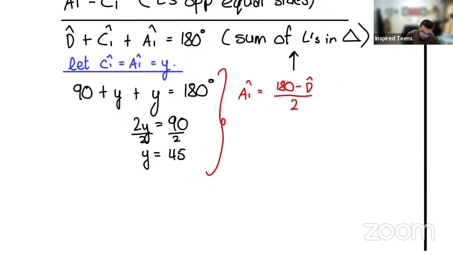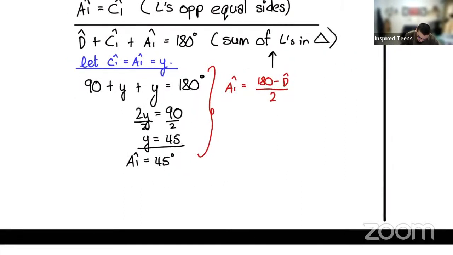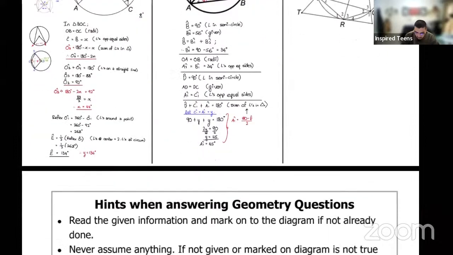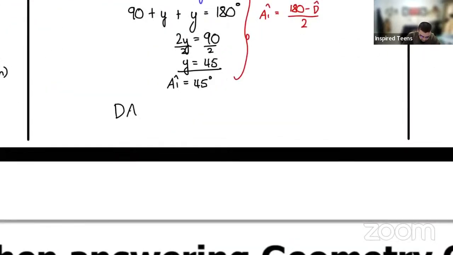Okay, so we've proven that y is equal to 45, and y is A1 because we said let A1 equal y, so you can conclude A1 is equal to 45. And then what was the angle they wanted us to solve for? Angle DAB is equal to angle A1 plus angle A2, which is equal to 45 plus 34.